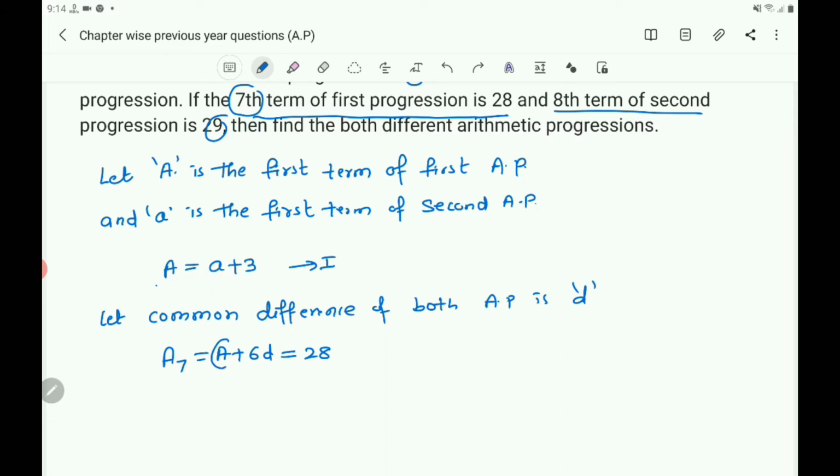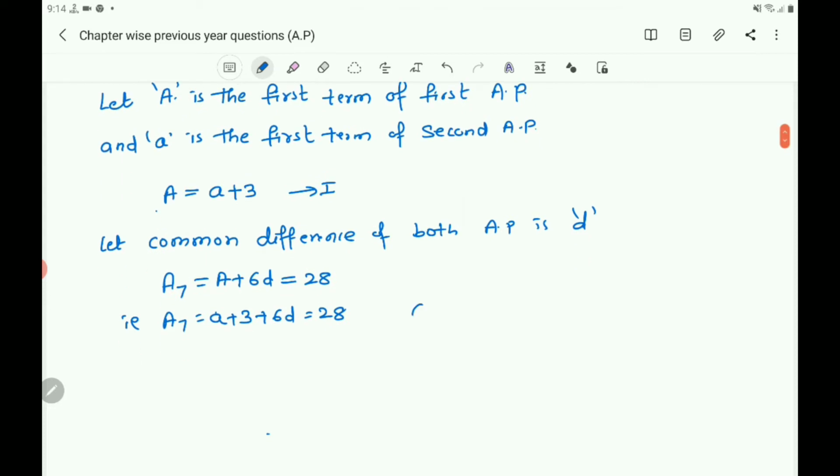And you know that here A is a plus 3. So A7 equals a plus 3 plus 6d equals 28. That is from the first relation, where it is given that the first term of the first AP is 3 more than the first term of the second AP.